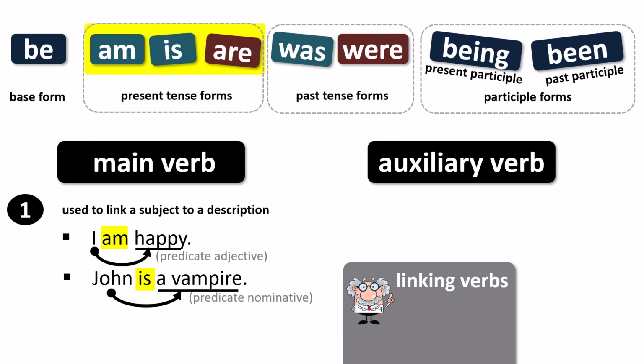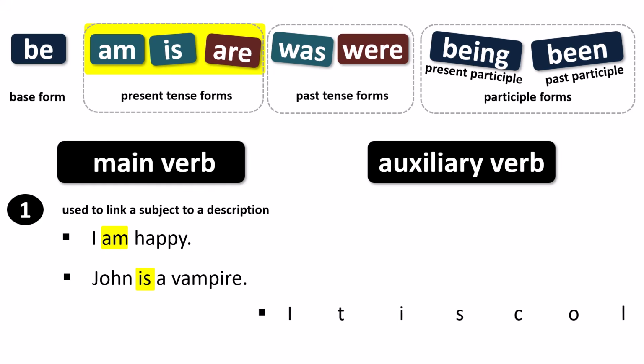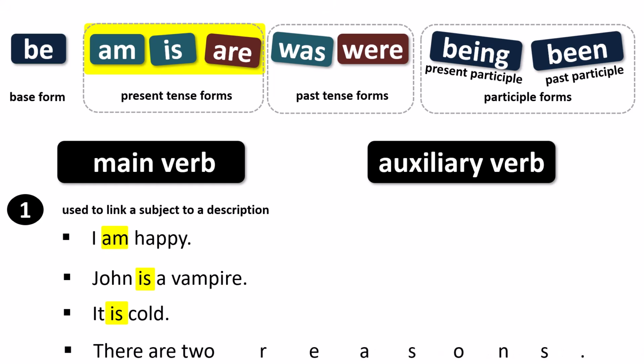If they are new terms for you, then we have a whole lesson on predicate adjectives and a lesson on predicate nominatives. Also, keep an eye out for this construction. It is cold. And this one. There are two reasons. These constructions using it and there are common ways of stating facts.